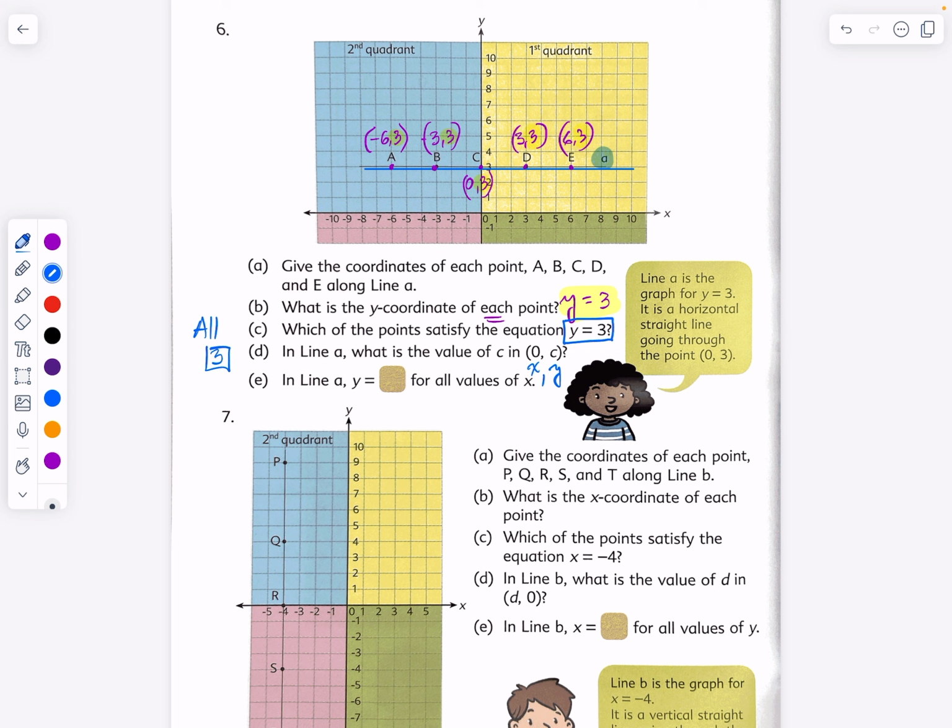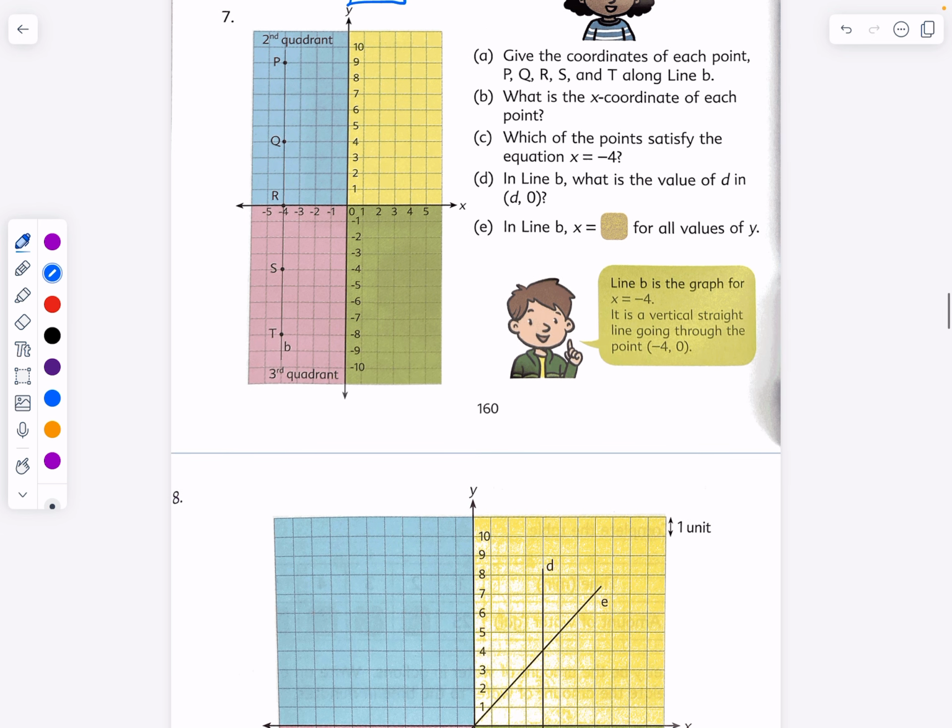Finally, question E. In line A, y equals 3 is the rule, the equation for all values of x. So no matter what the value of x is, the line is going to stay at y equals 3. Notice that this line is also parallel to the x-axis, right? It runs parallel.